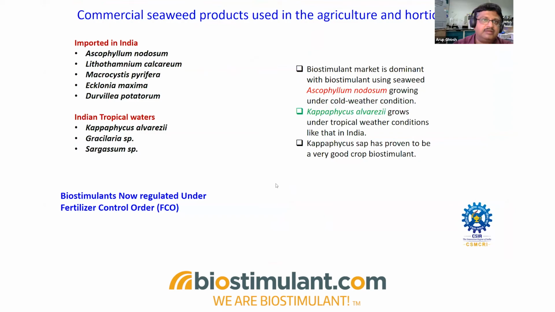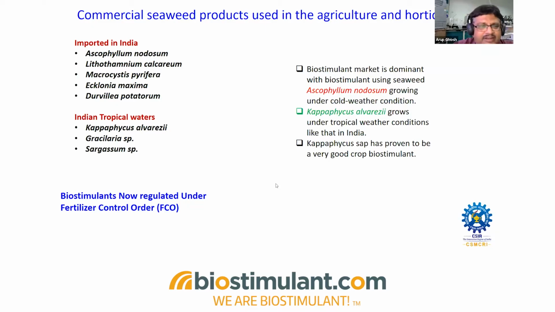Now, coming back to the topic, that is the use of seaweed biostimulants in agriculture. Seaweed biostimulants have been used for a very long time in the country. But earlier, about 2 decades back, 100% of it was imported.